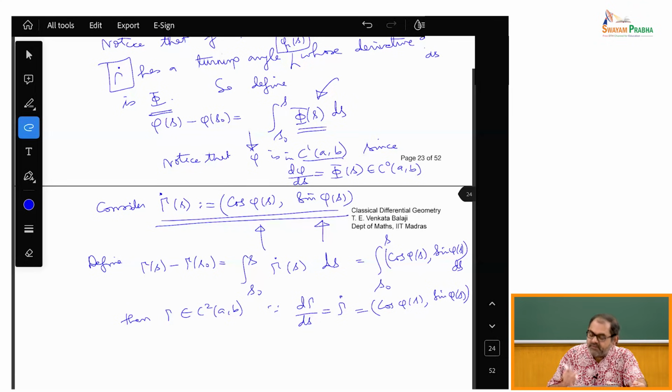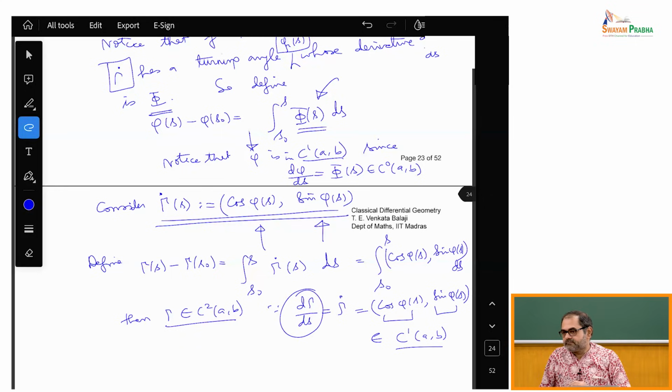Mind you, phi is C1 and cos and sin are analytic, infinitely differentiable, therefore the compositions cos phi(s) and sin phi(s) are also C1. So gamma dot is in C1[a,b], so the derivative of gamma is in C1, that means gamma is in C2.